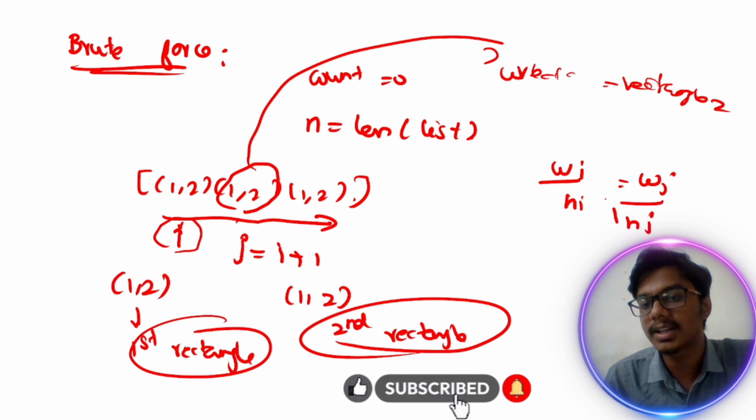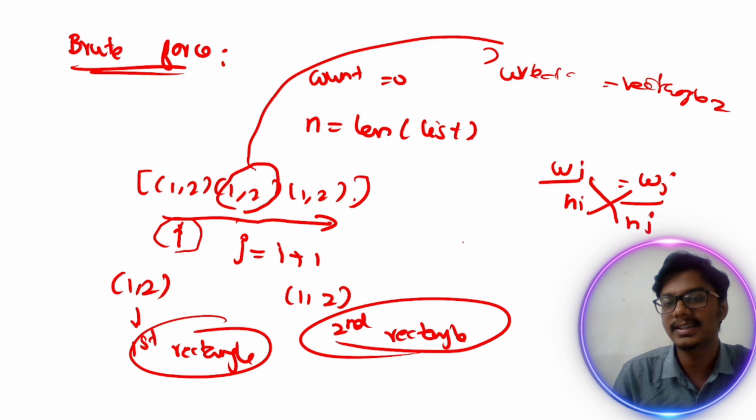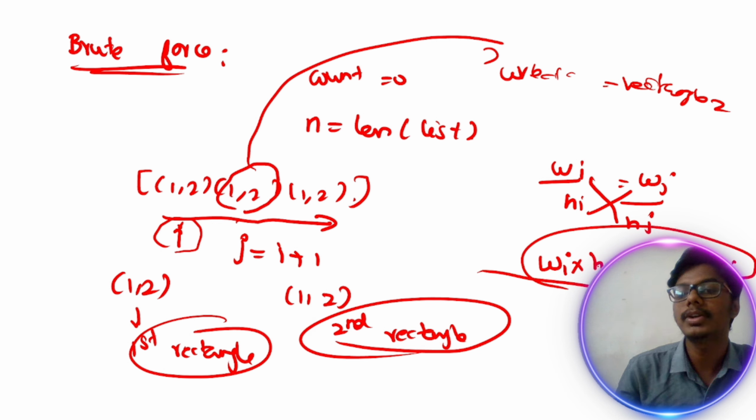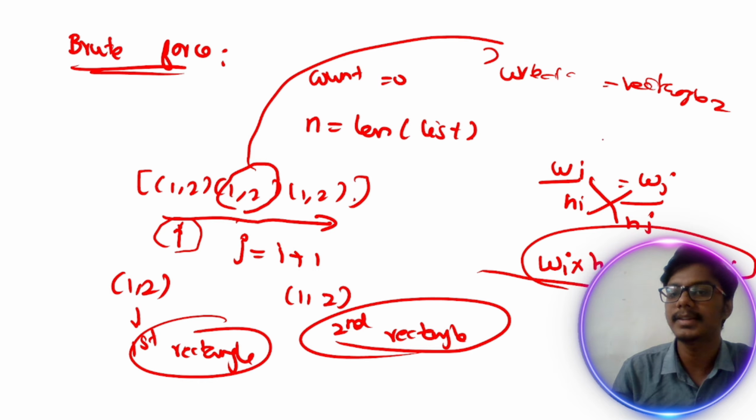So I simply cross multiply. In mathematics we can cross multiply: width i into height j is equal to width j into height i. Why am I using cross multiplication? In Python, we can get precision errors.